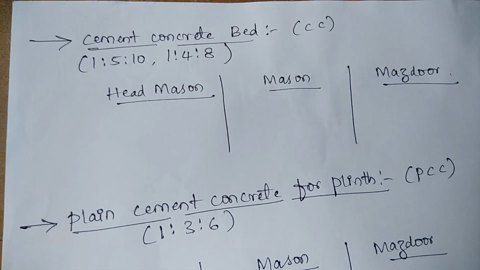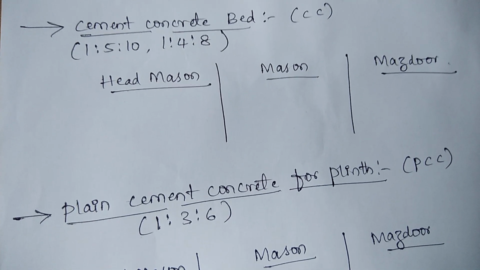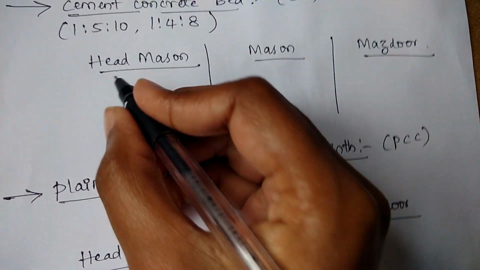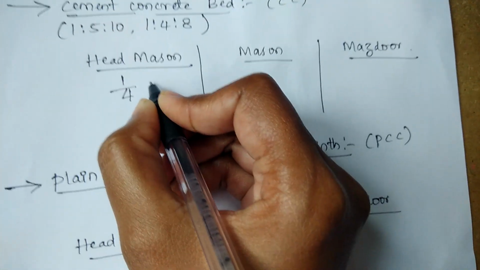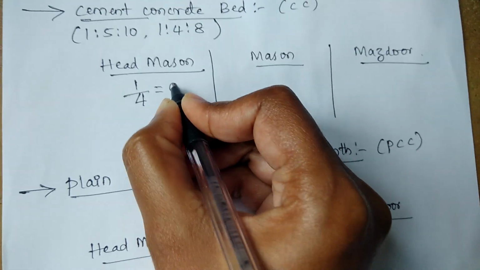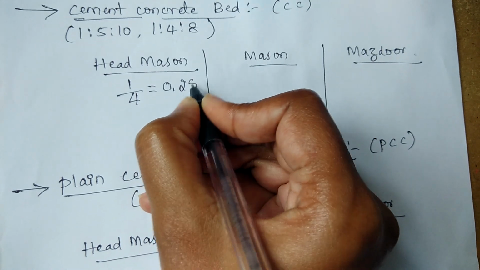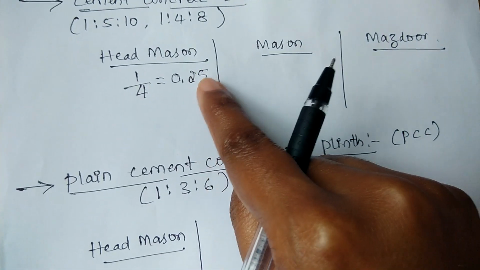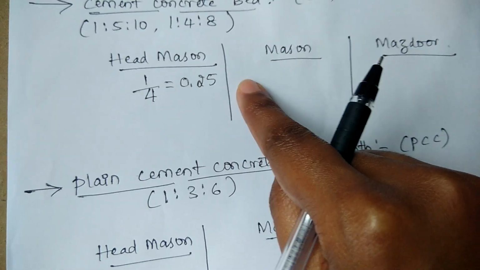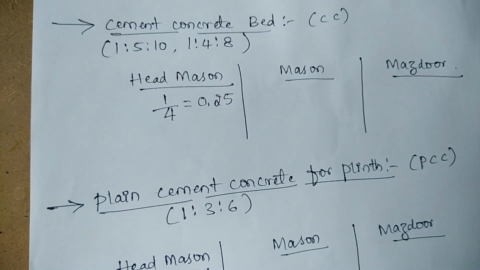So three types of labors are used for the construction purpose. Now let us start writing the quantity of head mason first. Here we will be keeping the quantity of head mason as 1/4, which gives you 0.25 value. Now for this value you have to multiply the value with 8 times for getting the number of masons.